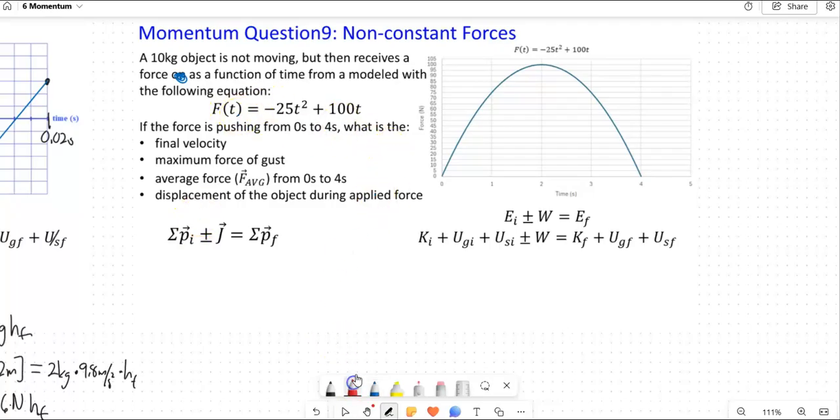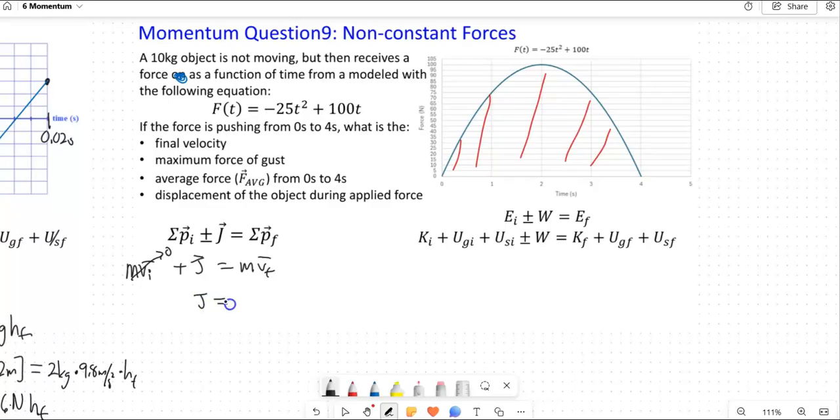So our first task is to figure out the impulse right here, right? Because this area underneath that curve, we have the initial velocity, which is going to be equal to 0, plus impulse, which is going to be equal to the final momentum, right? Well, this is just 0.